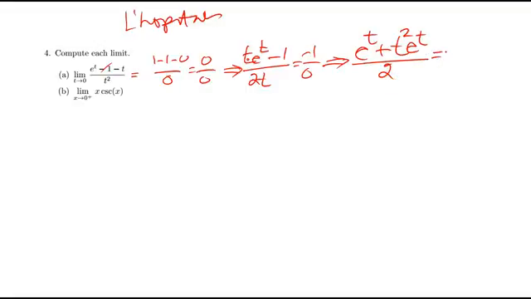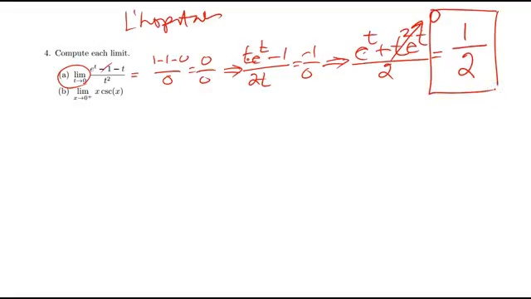So this is what we get. If we're looking now at the limit as t goes to 0, this term goes to 0, this term is 1 over 2. That's not indeterminate. This gives us our limit for that first one, for a.